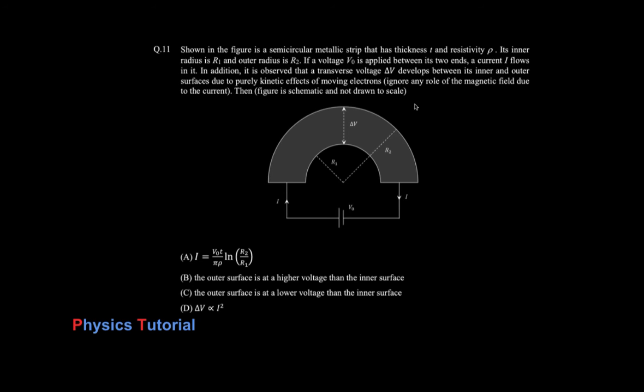And by the analogous pattern, 1 by R is equal to the integral of 1 upon dR. So for the dR strips you find that, and then integrate from R1 to R2. Once you get the resistance, you can also find the current dI.